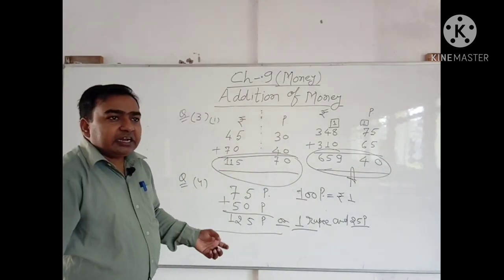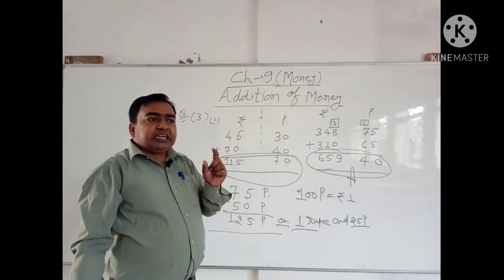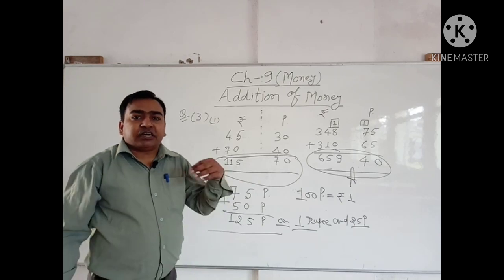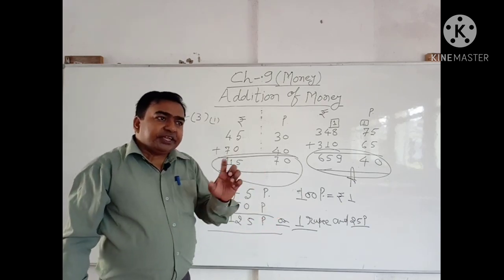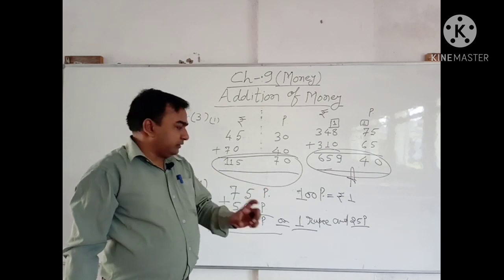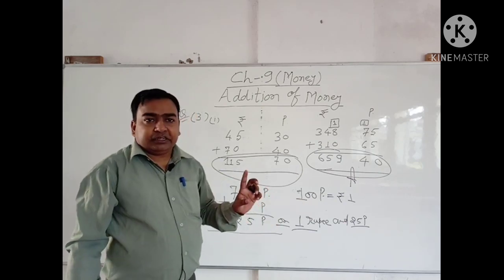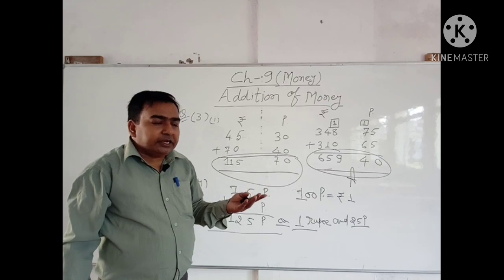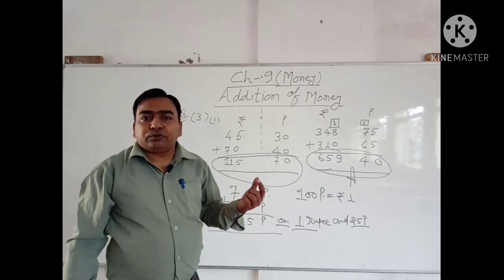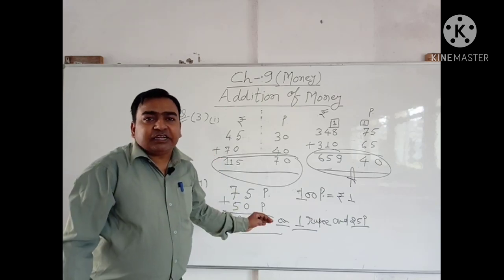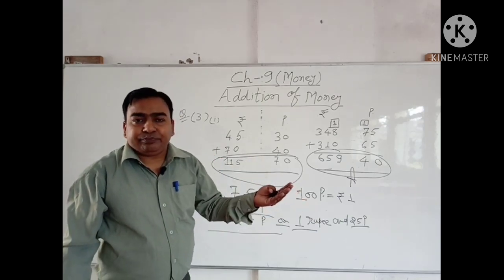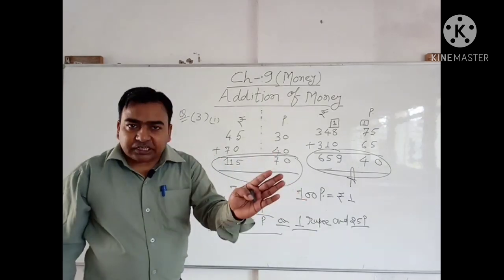Okay, if the addition of two numbers is more than 100 in paise, we can convert it into rupees and paise. Why? Because we know that 100 paise equal to 1 rupee. अगर दो नंबर का सम 100 या 100 से ज्यादा आता है तो हम उसको रुपीज में कन्वर्ट कर सकते हैं.